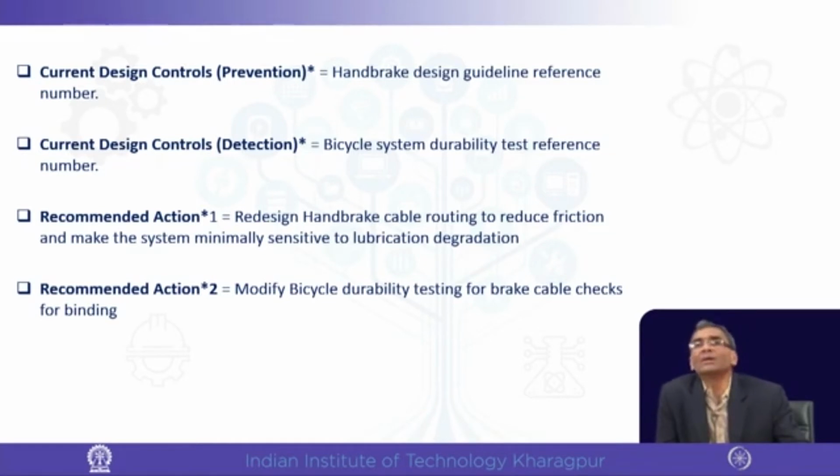Then 8 into 2 into 1 gives a product of 16. So, that gives a rank of which problem is more prominent or dominating. The RPN, the product of these three, gives us the priority, that is why it is called risk priority number. The RPN is equal to the multiplication of severity value, occurrence value and detection difficulty value.